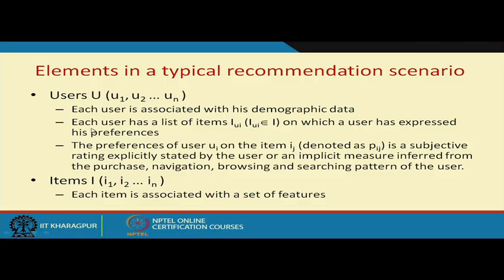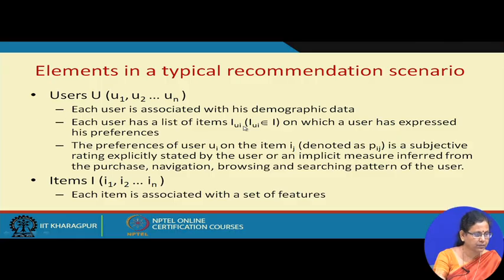Each user has a list of items on which he has expressed his preferences. The preference of user U on item I j is denoted by some value. It is a subjective rating explicitly stated by the user, or an implicit measure inferred from the purchase, navigation, browsing and searching pattern of the user.